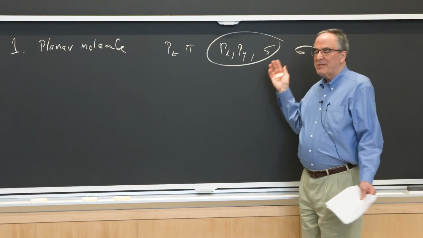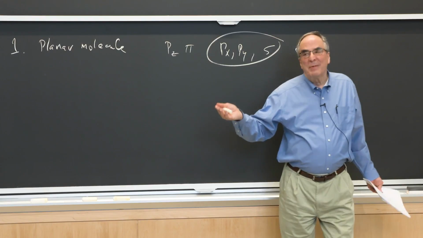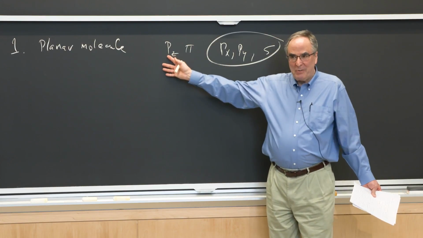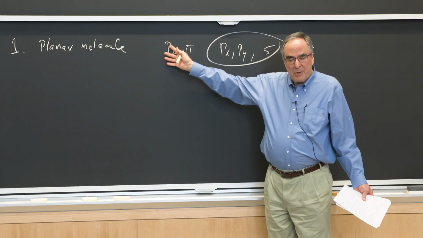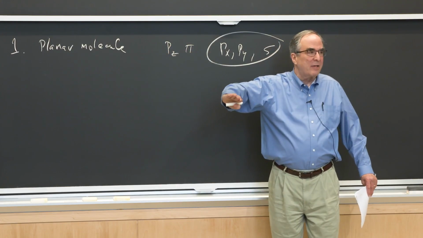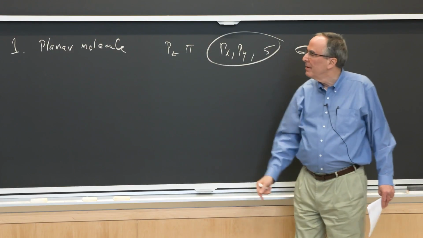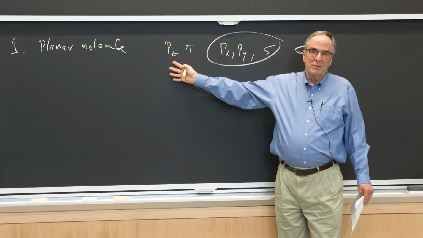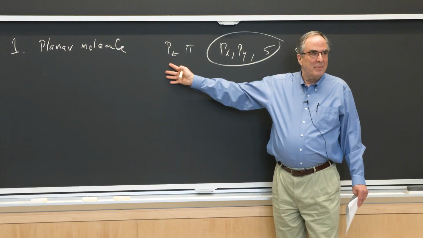And we don't care about the sigma bonds because anybody can make sigma bonds, but only the special perpendicular to the plane guys are responsible for the fact that the molecule likes to be planar. And so we're only going to consider these pz orbitals, one on each atom.